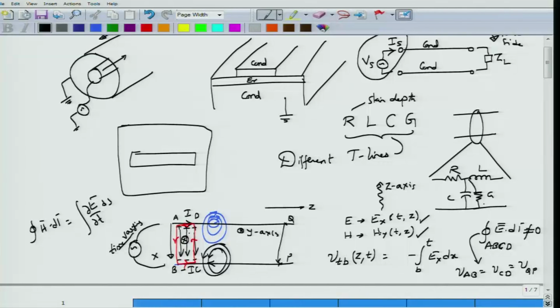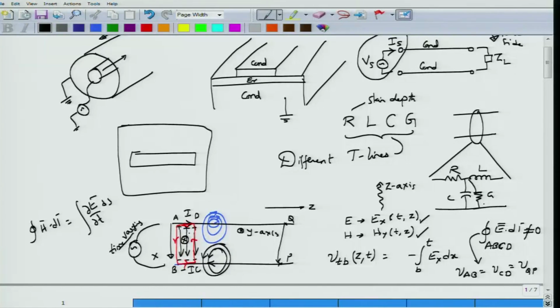In other words, because Ex and Hy are plane waves, they also have a corresponding voltage and current. They induce a voltage and current between the two transmission lines and along the transmission line, directly proportional to the electric field. So if the electric field is a plane wave, and the magnetic field is also a plane wave, then the voltage and currents are also plane waves.